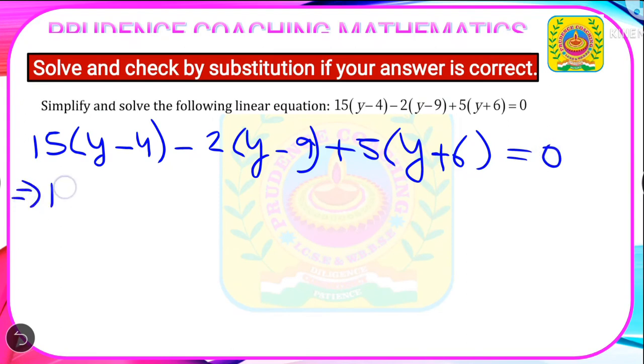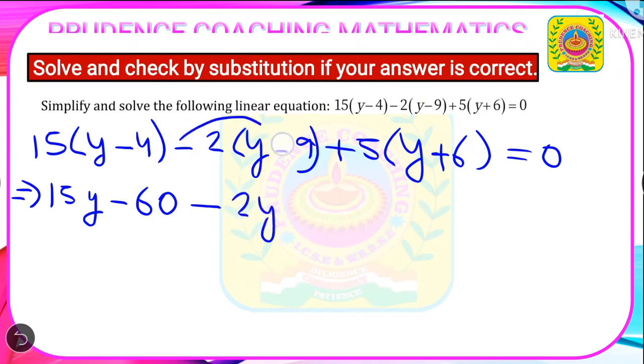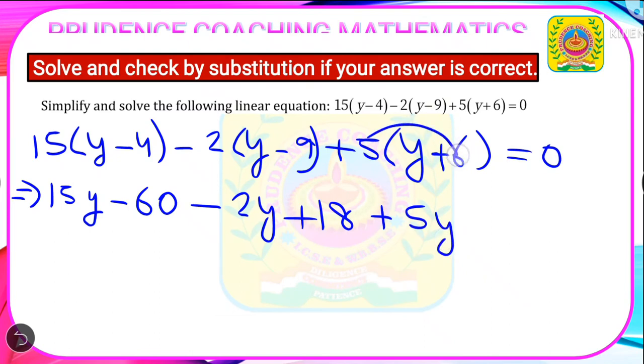So here we'll get 15y, 15 into −4 will be −60. Next we will get −2 into y, that is −2y. Minus into minus will give you plus, 9 2s are 18, plus 5 into y will be 5y, and 5 into 6 will be plus 30, equals 0.